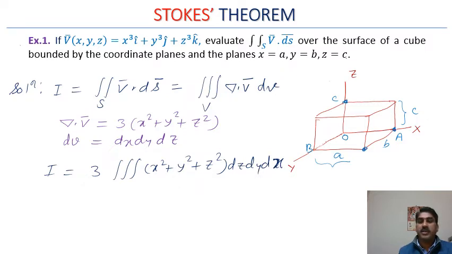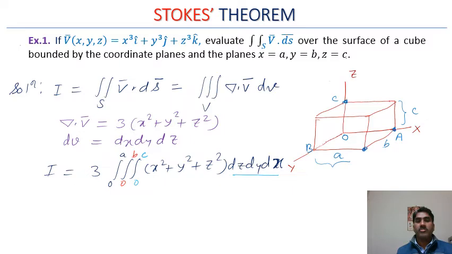You can see this is a rectangular box type structure. So the limit of x is 0 to a, the limit of y is 0 to b, and the limit of z is 0 to c. I have written dz dy dx because we need to follow the order of these limits.